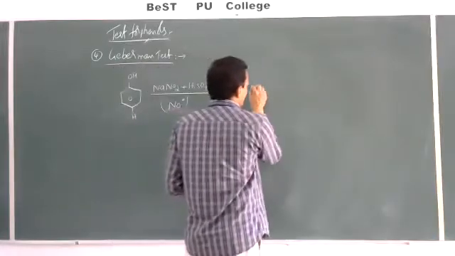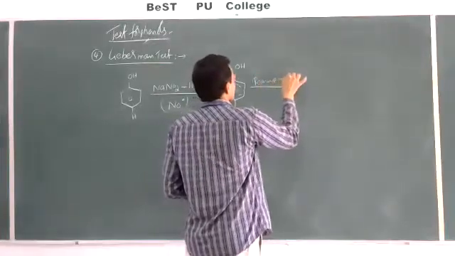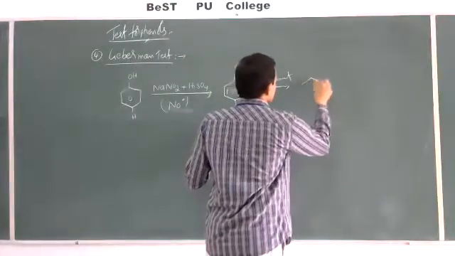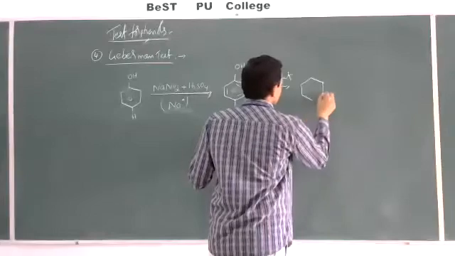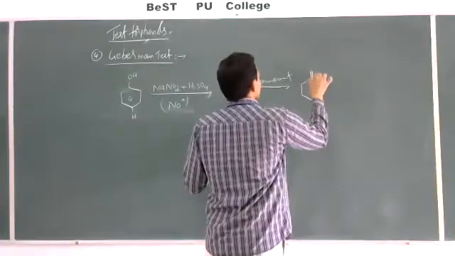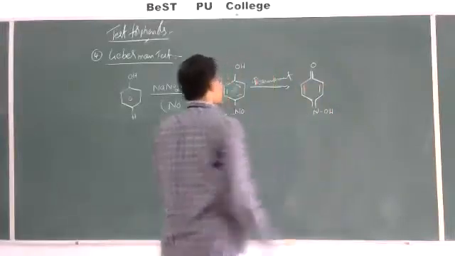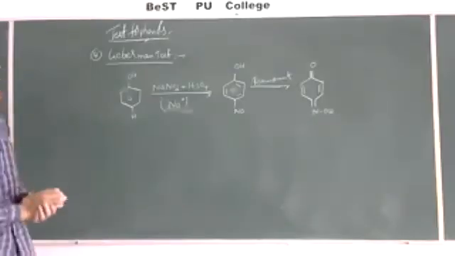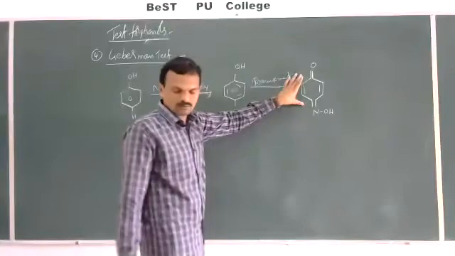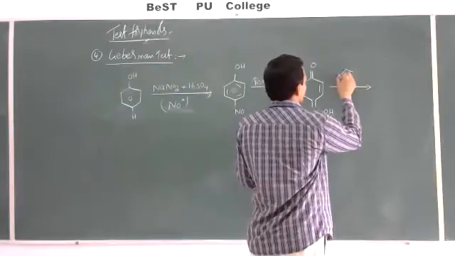And this para-nitrosophenol undergoes a rearrangement and gives quinone. This is the rearranged product formed here, nothing but the quinone form, and this rearranged product further undergoes condensation with phenol.